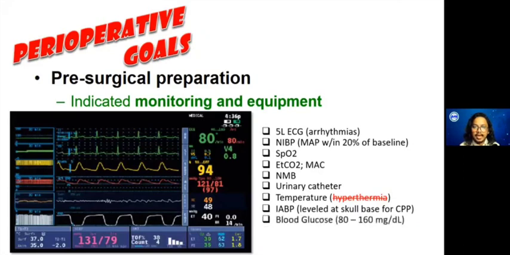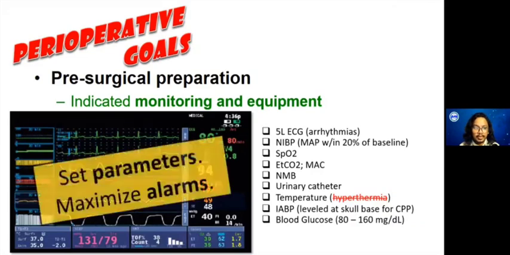Both hypoglycemia and hyperglycemia can exacerbate cellular injury during cerebral ischemia and have been associated with poor outcomes post-surgery. We aim for a more liberal range of blood glucose, as opposed to tight glycemic control, which has shown greater incidence of hypoglycemic episodes. Again, please take extra time to set your parameters for monitoring and maximize those alarms.